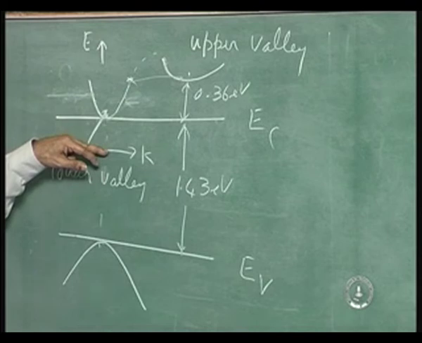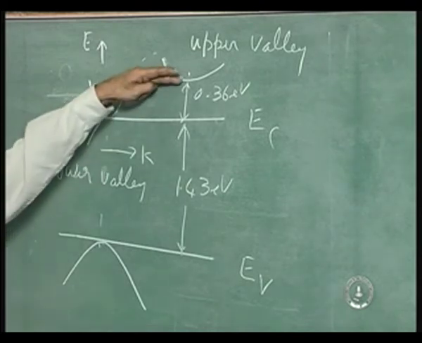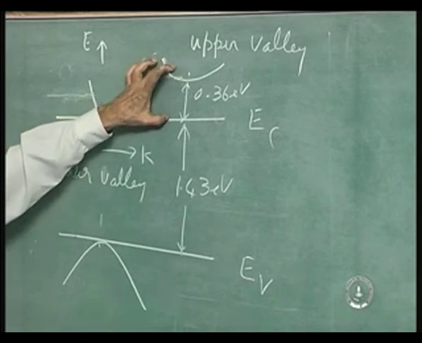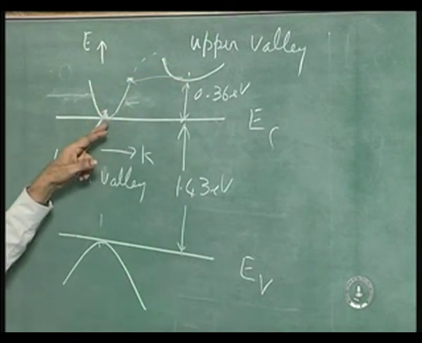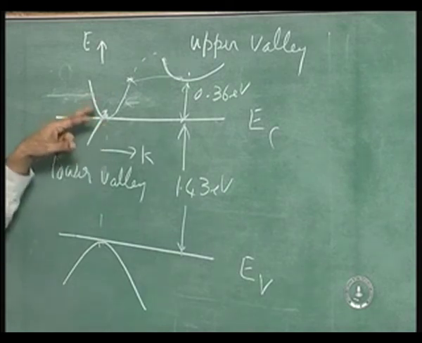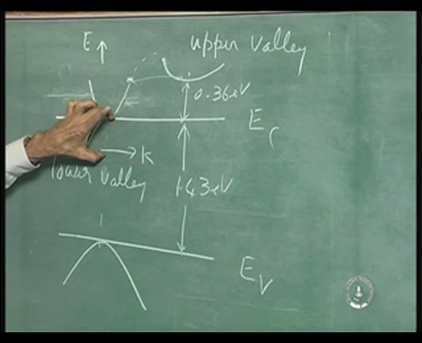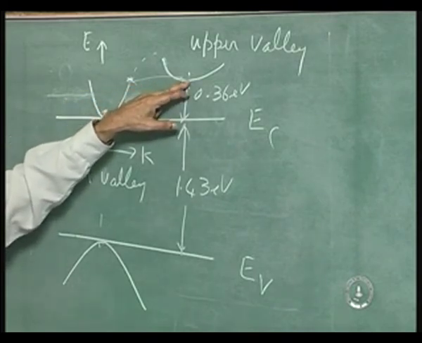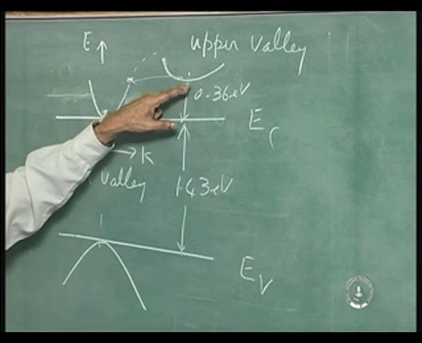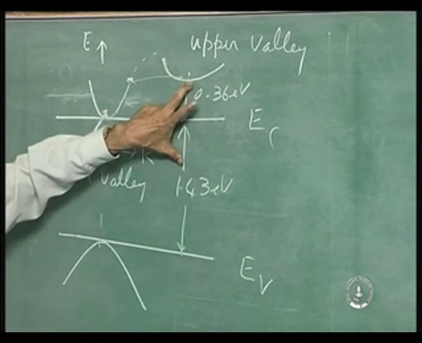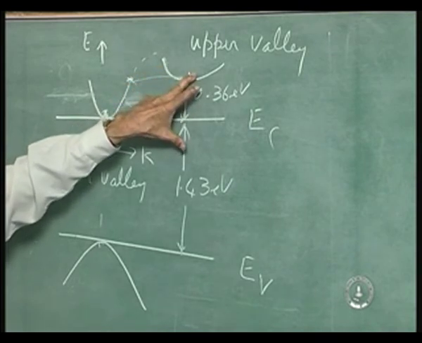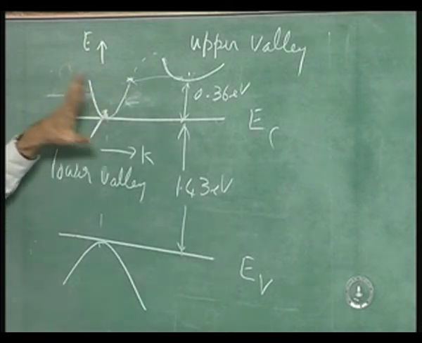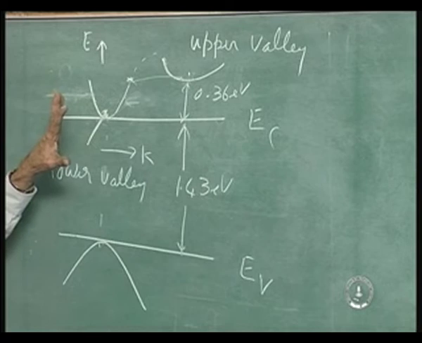I call this Ec1 and this Ec2, and Ec2 minus Ec1 is equal to delta E. So, n1 is Nc1 e to the power of (Ec1 minus Ef), and n2 depends upon Nc2 e to the power of (Ec2 minus Ef). Apparently, it is smaller because Ec2 minus Ef is larger compared to that. So, almost all the electrons will be here, but notice one thing.